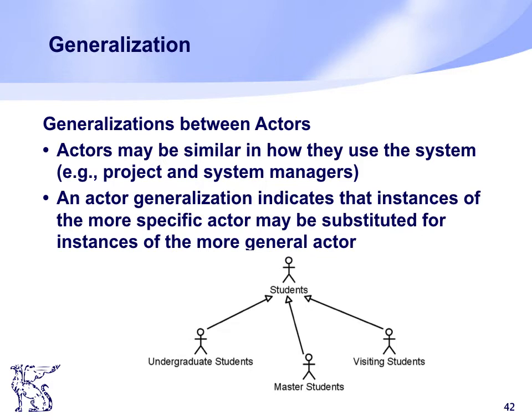The visiting student will have some interaction with some special use cases, and the master's student also has some other unique use cases. But you can still generalize those three actors to a more general actor. So that's the student actor.